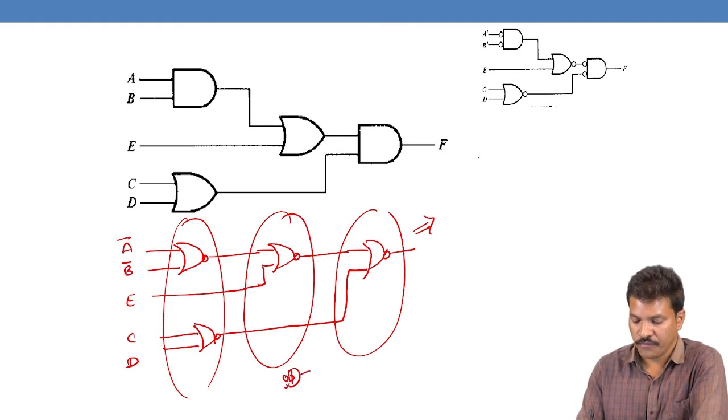So the first level is a NOR gate, and then in the second level we can convert it to a bubbled AND gate.